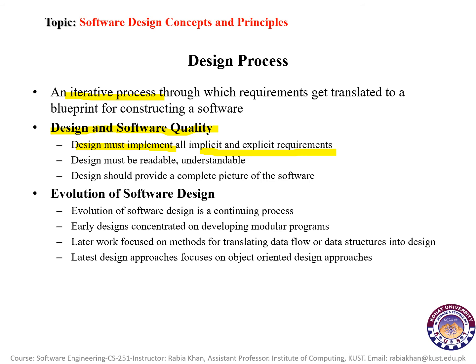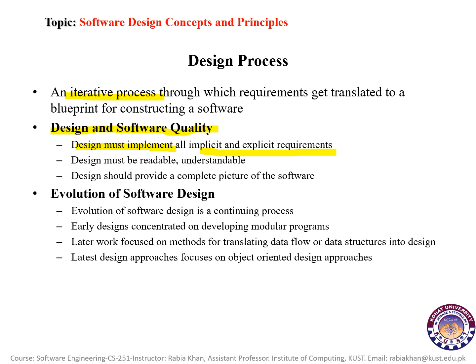So implicit requirements are those requirements which have been understood by both the customer and the developer, and they are not told by the customers. So these requirements are known as the implicit requirements, while the explicit requirements are those requirements which are generally told by the customer. They are not understood to be present in the software, so they are generally told.